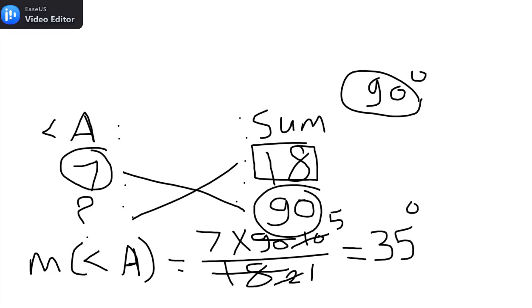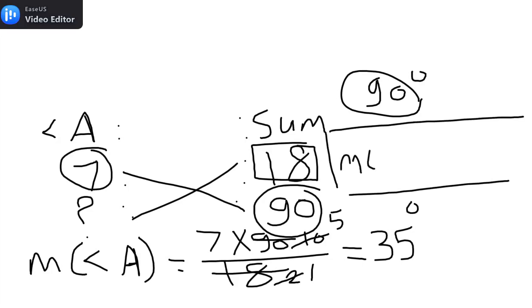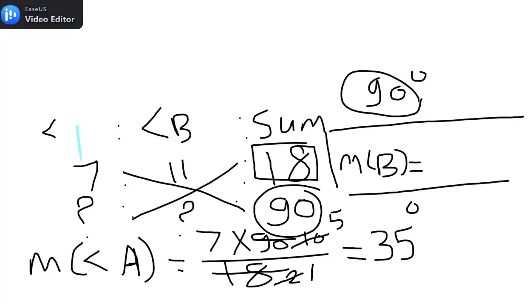Let me type here the measure of angle B. So now I'll write again angle B, parts are 11, question mark, and let me clear anything related to angle A because I finished it.